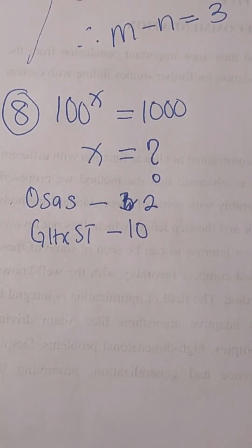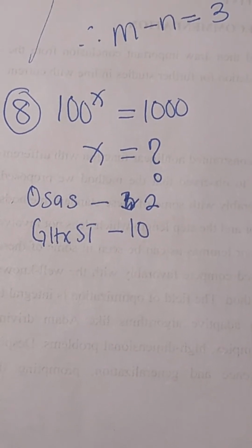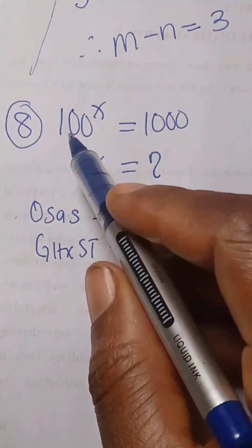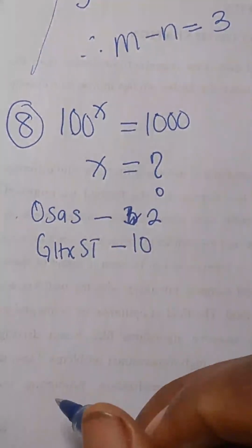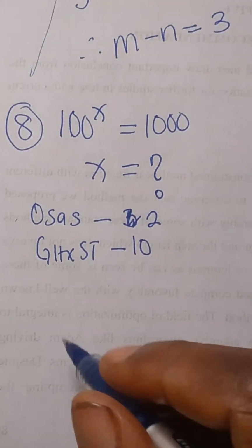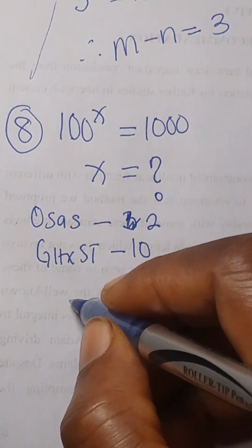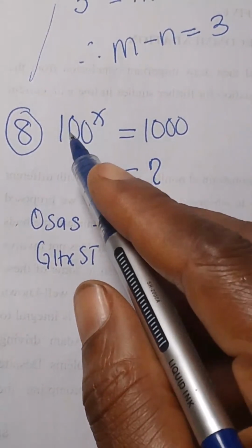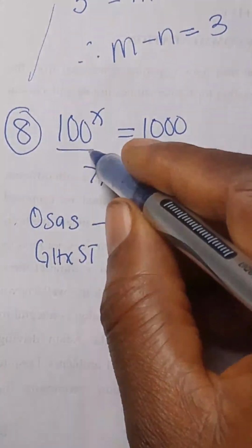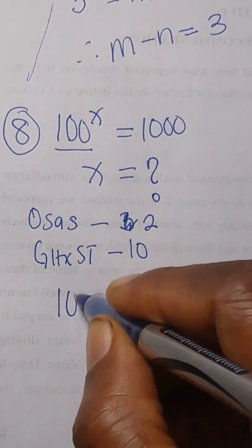Okay, so let me solve this. We have 100 raised to power x equals 1000. Now we know that 100 is equal to 10 raised to power 2.